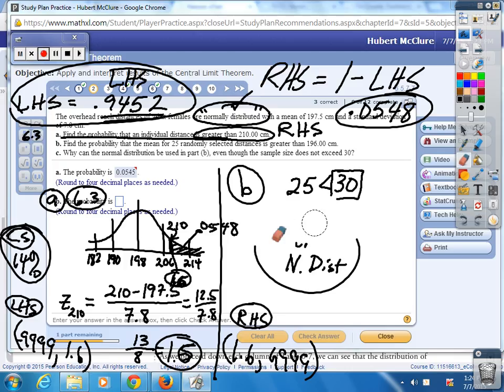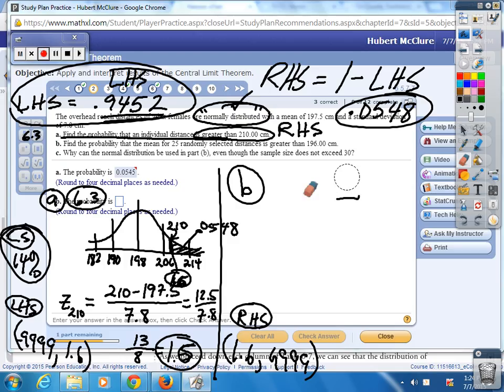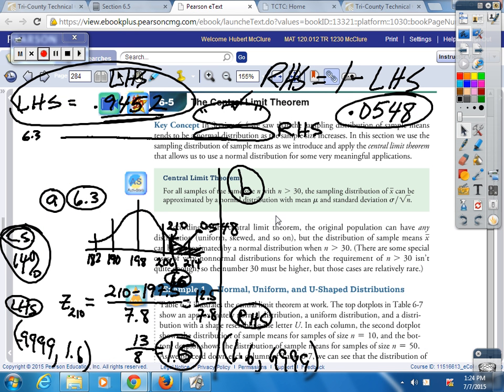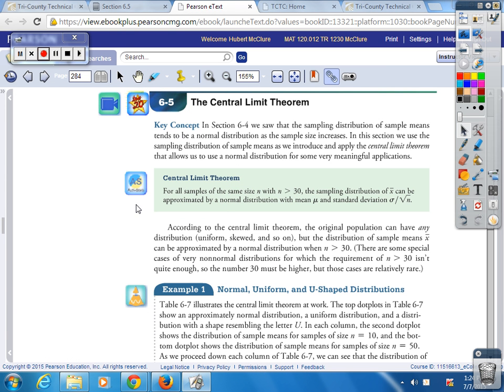Why is it 30? Well, I'll show you. Hold on a minute. Go back to the reading. Right here, I told y'all to write it down: for all samples of the same size n, with n greater than 30. Now, why is it greater than 30? I don't know.